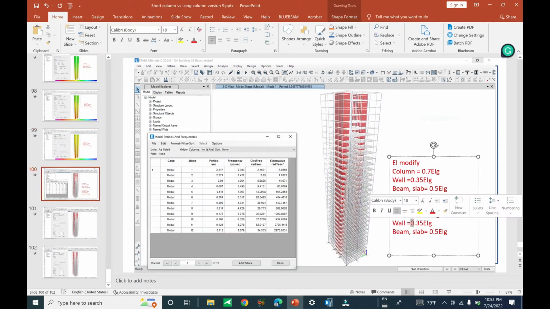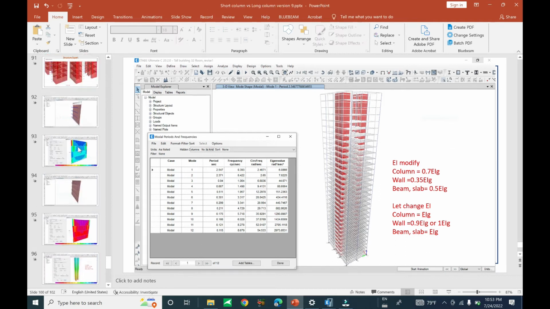Now let's say I want to use 0.9, or you can use 1 E IG for the wall. And for the beam slab also the same. You can check it for the column. Yes. Now let's check it.